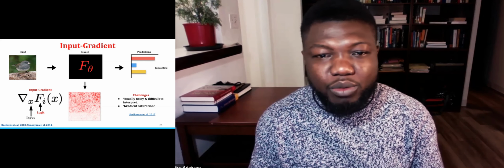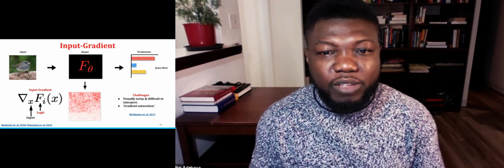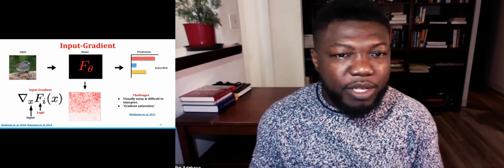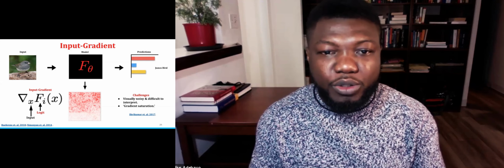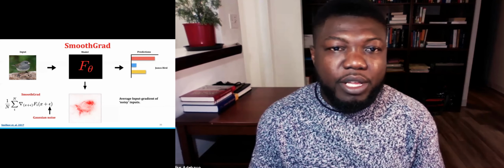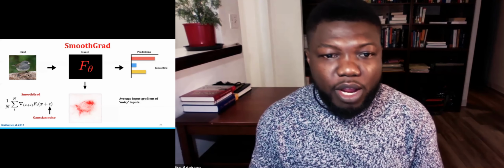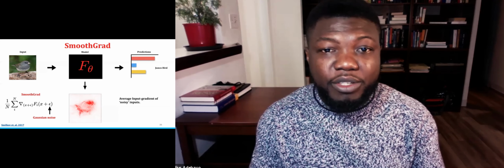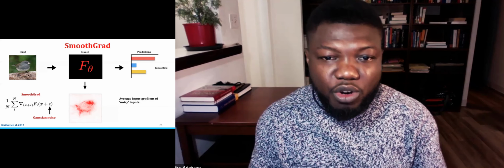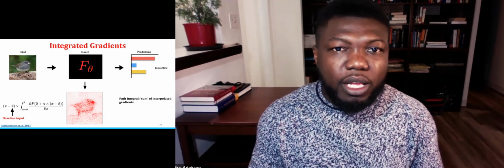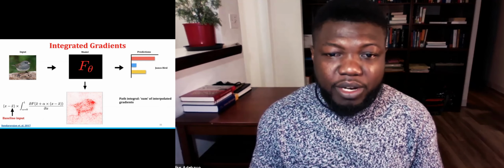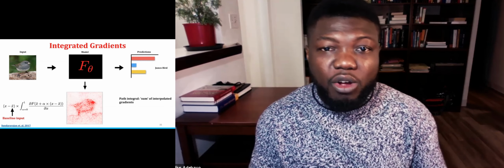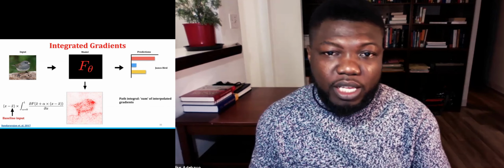For several of the methods we'll now talk about, we'll give a quick overview of them due to the time limit here, and we'll refer to additional sources where you can learn more about these methods. So the first method is SmoothGrad, and SmoothGrad corresponds to an average of the input gradients of noisy examples. Moving forward, we have integrated gradients. Integrated gradients compute a path integral from a baseline all the way to the input you want to actually explain.